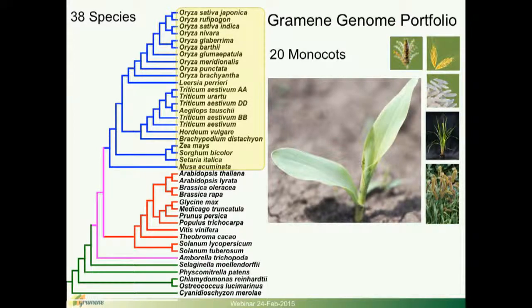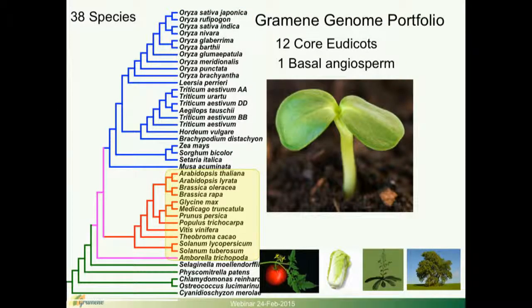In addition to cultivated species of rice, we have many wild-related species. We have a very strong resource in wheat and wheat-related genomes. Of course, we have maize and sorghum. In addition, we have 12 core eudicots, as well as 1 basal angiosperm.